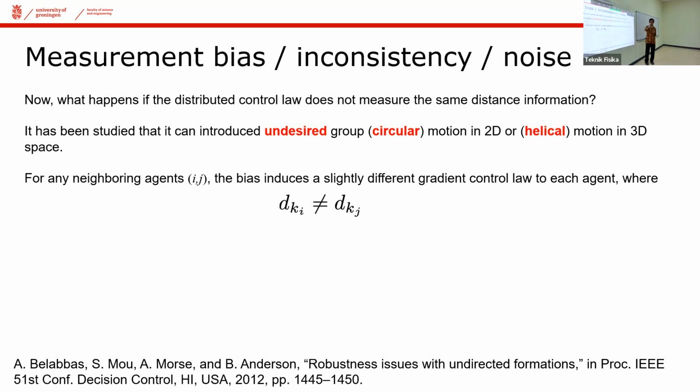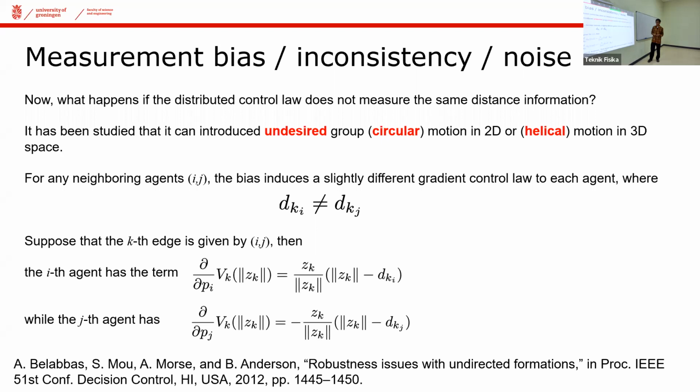So if I measure the distance to the moderator with my own eye, I might measure about 2.5 meters, but the other agents might measure different things because of the bias that is present in the sensor systems, for instance. So in that case, they may not be implementing the same desired distance information.